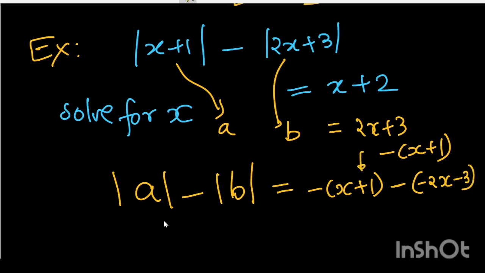So as you can see here, this is a, which is plus x plus 1, b is 2x plus 3.